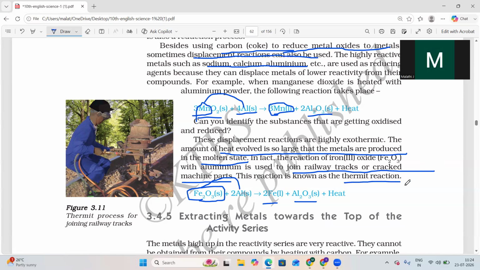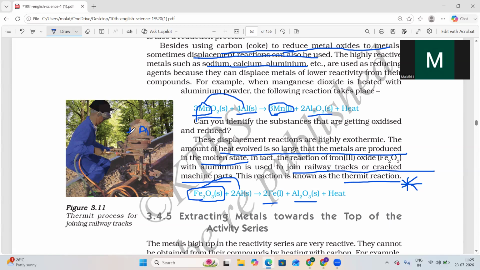This is very important. What is the Thermit reaction? While doing the displacement reaction, in the iron oxide, to remove the oxygen we use aluminium. At that time, excess heat will be liberated. If you observe the picture here, there is an instrument. In this they are using iron oxide and aluminium.